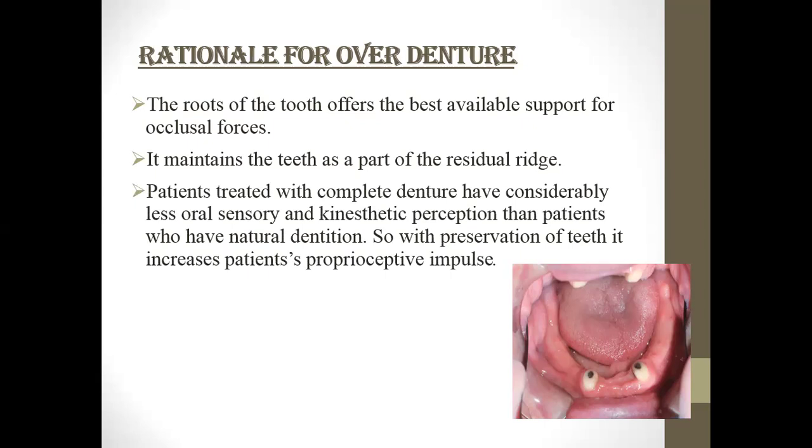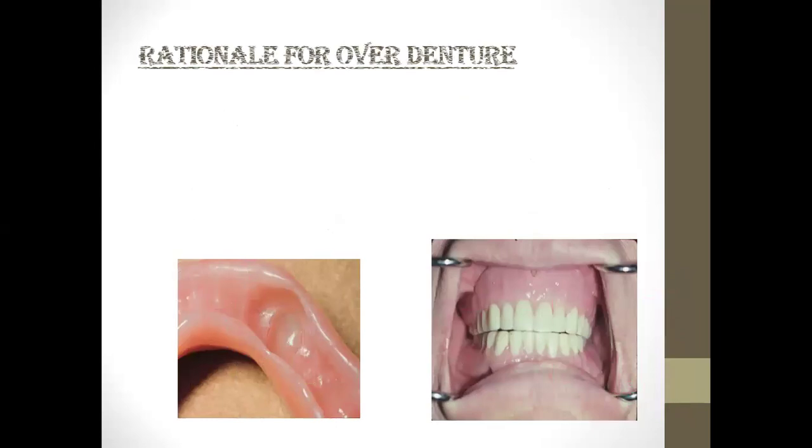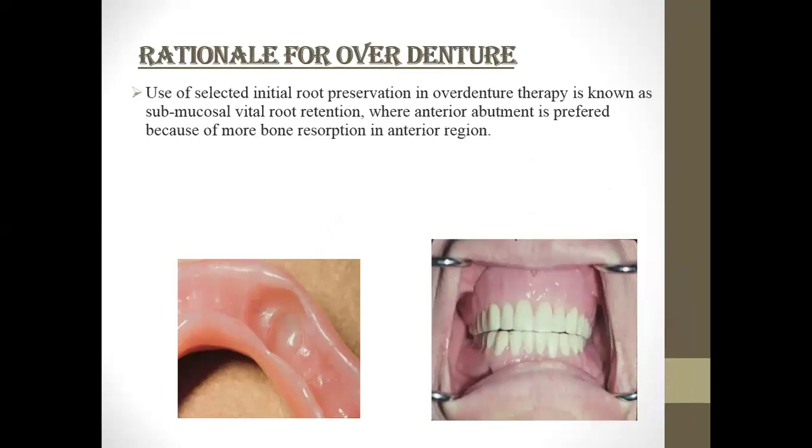As we all know, the receptors lie within the periodontal ligament of the tooth. So once extraction is done, all this perception is lost, right? To preserve that, this overdenture concept helps the patient indirectly. It also maintains the sensory input from the PDL. So this is also an advantage.